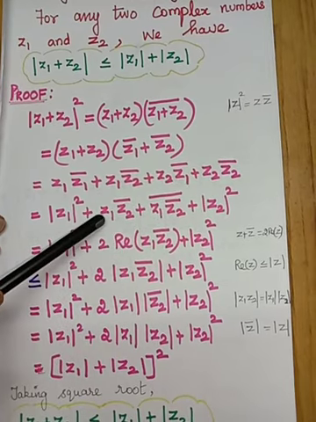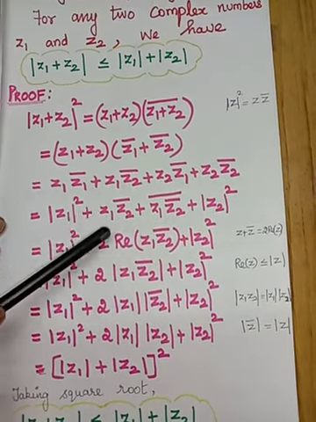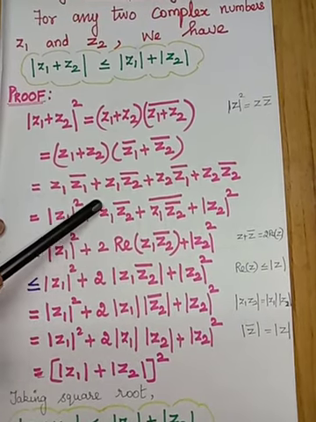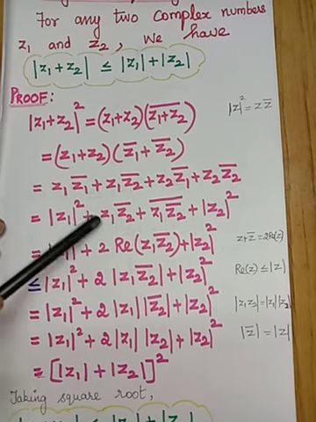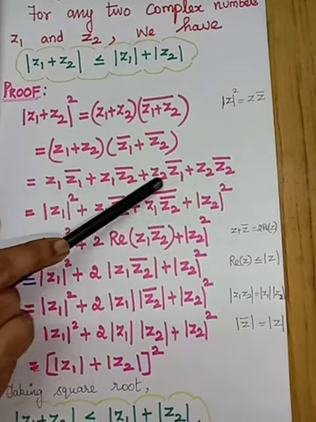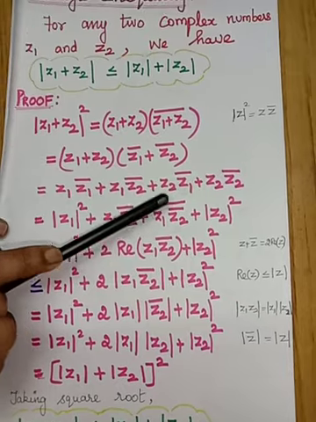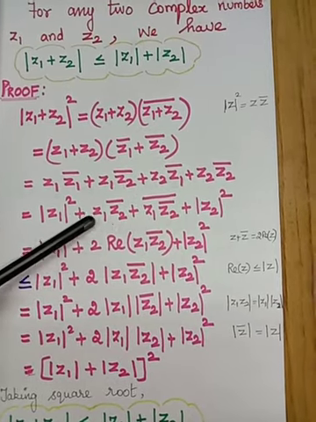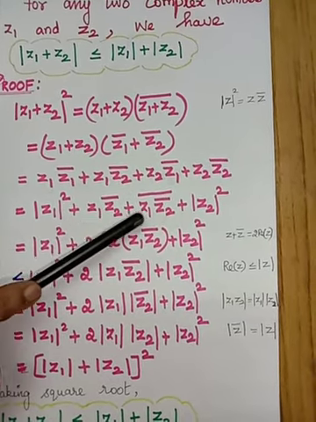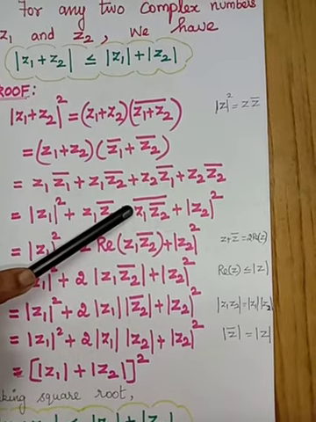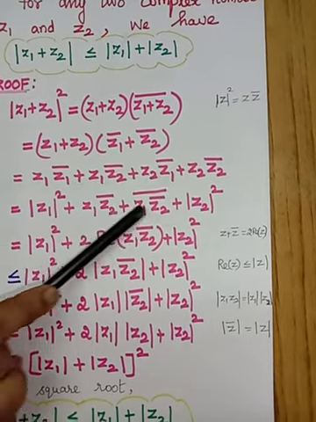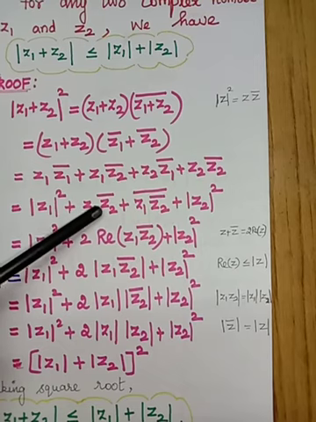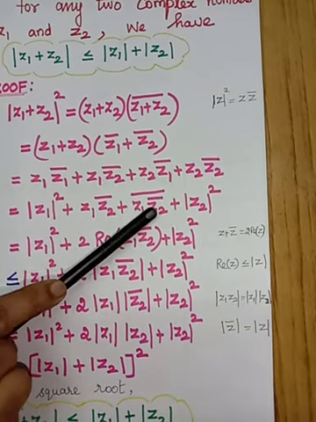See the second and the third term. If you take the second term as z, the third term becomes z bar. So both look like z plus z bar.